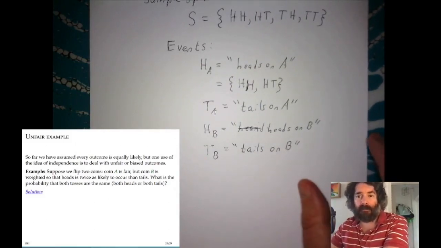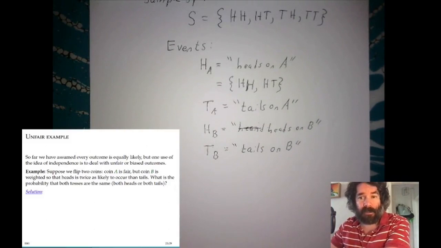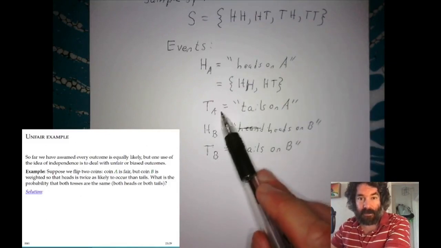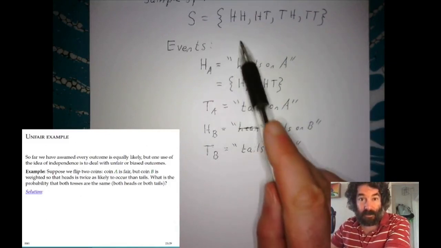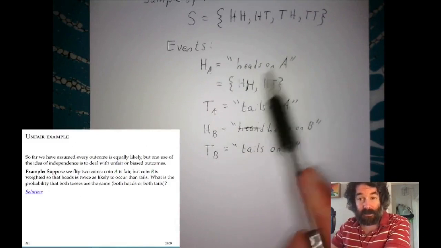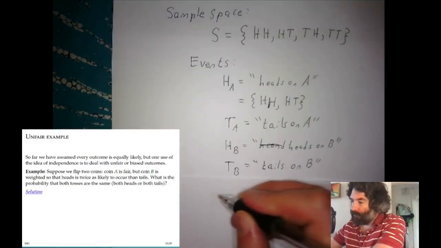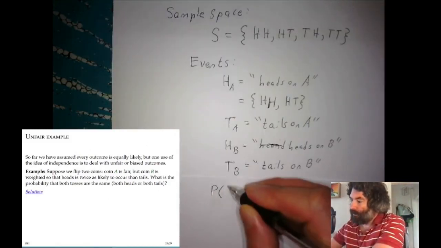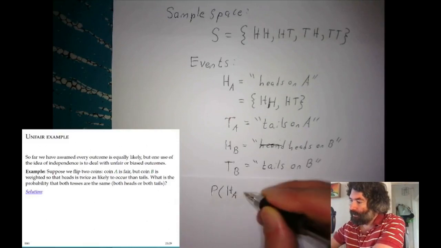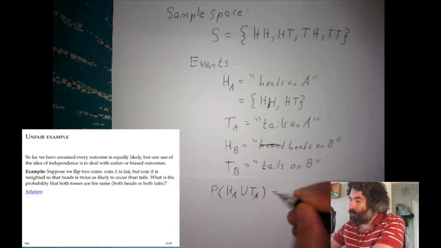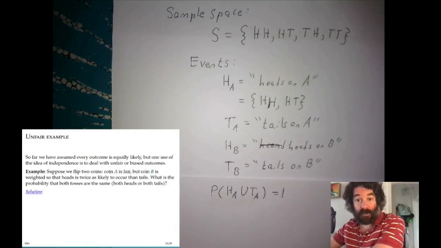All right, and let's consider what would be the probability of each one of these 4 events. Each one of these events is some subset of the sample space. Tails on A would be TH and then TT, and you can write out, if you would like, the other events as subsets of the sample space. So the probability of heads on A or tails on A has got to be 1, because that is the entire sample space.